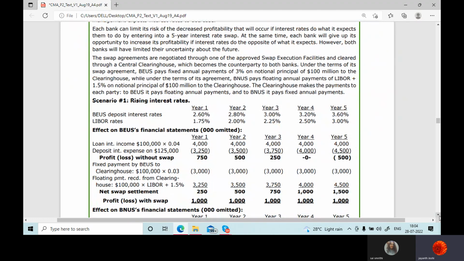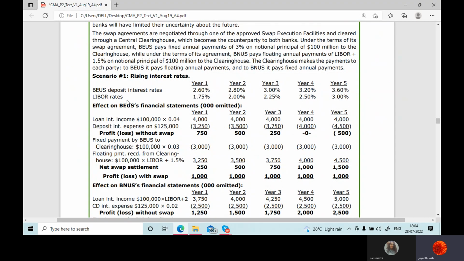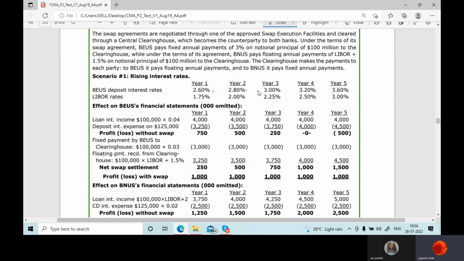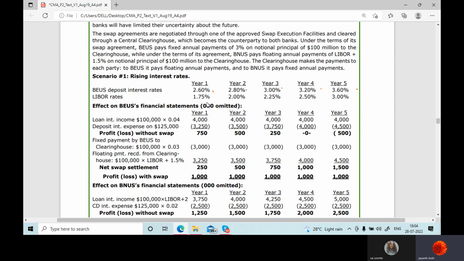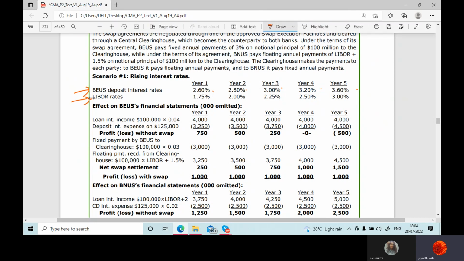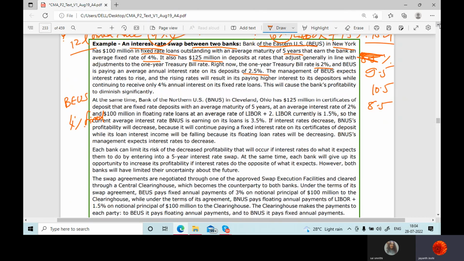Okay. So BEUS deposit rates are increasing every time, because the treasury rates will increase. This is the deposit rates, LIBOR rates. We'll come to this.